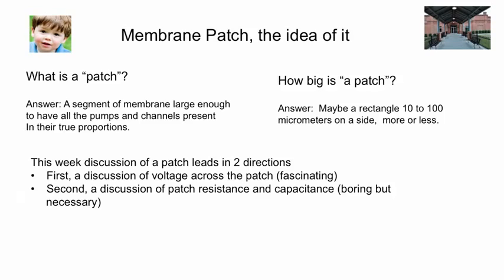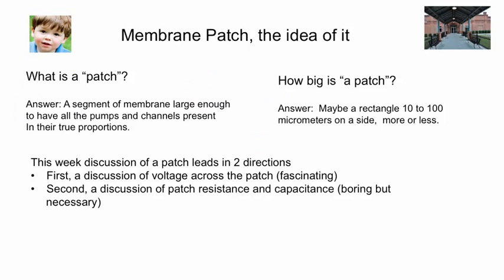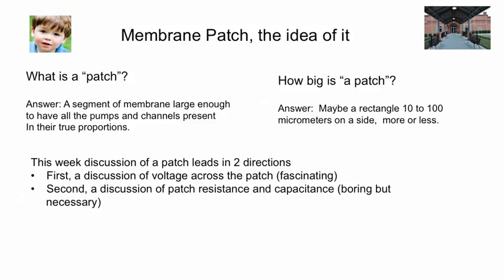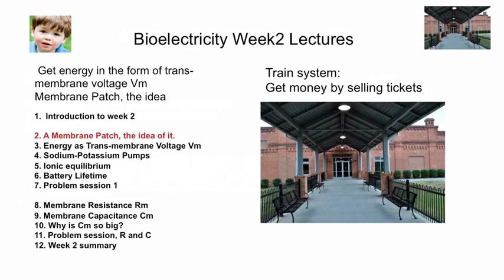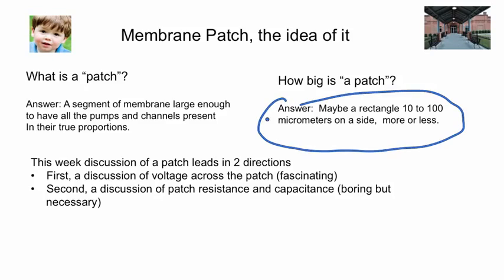As to physical size, people are talking about regions of membrane that are maybe 10 to 100 microns on a side if it's rectangular, or maybe 100 microns in diameter if it's circular.